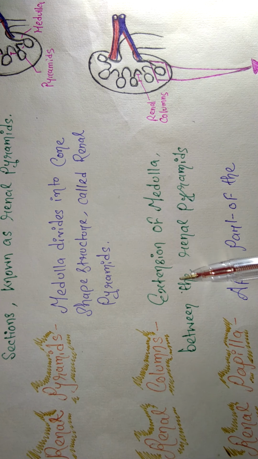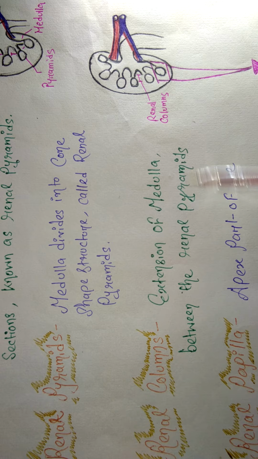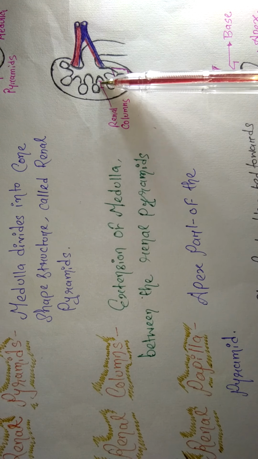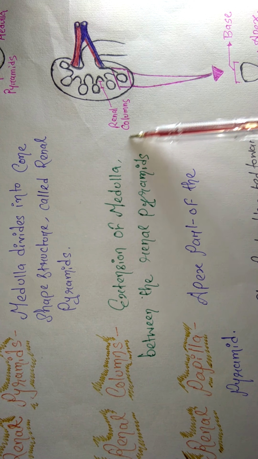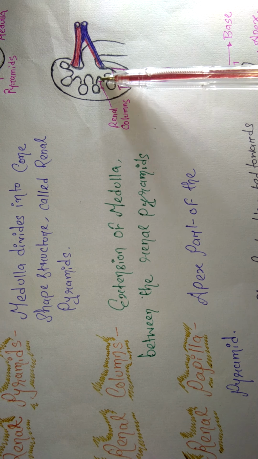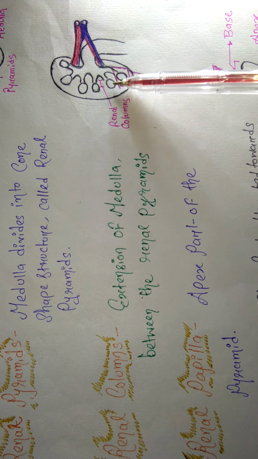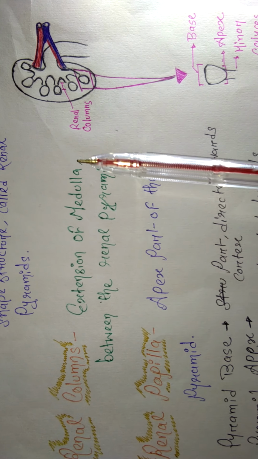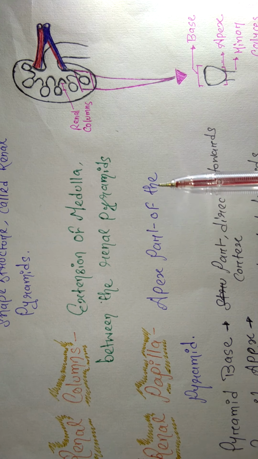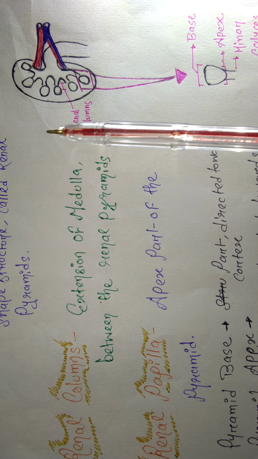The renal column and the renal pyramid are both parts of the renal medulla. Next, the renal papilla, the apex of the pyramid. Now I will show you.